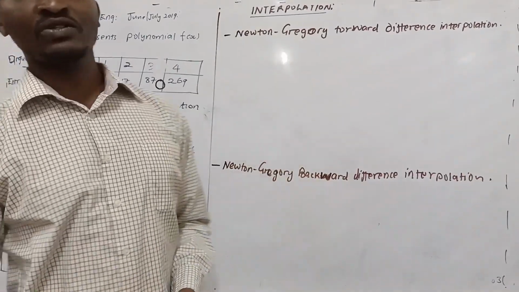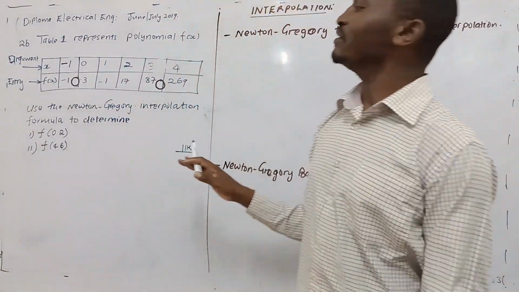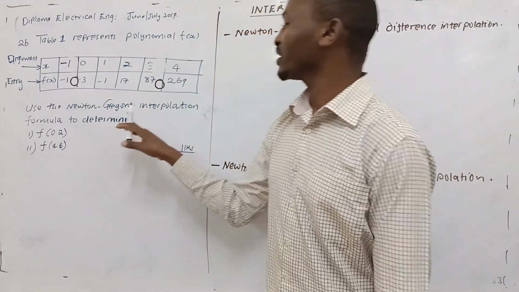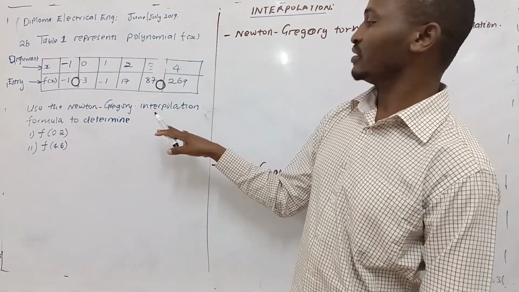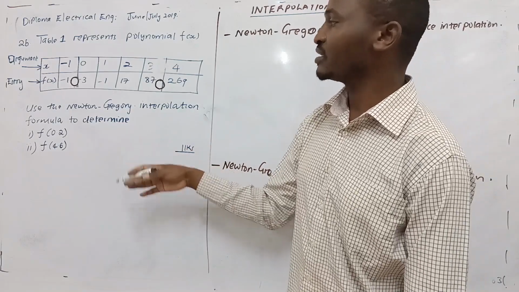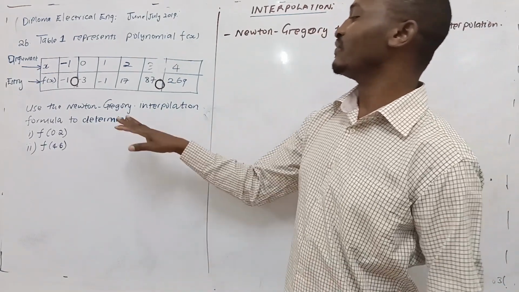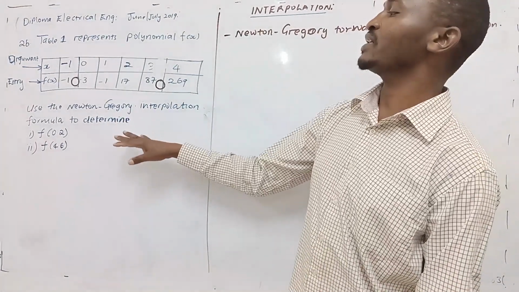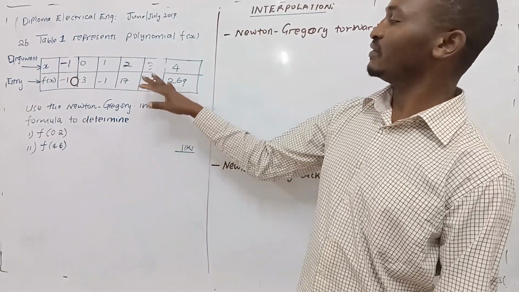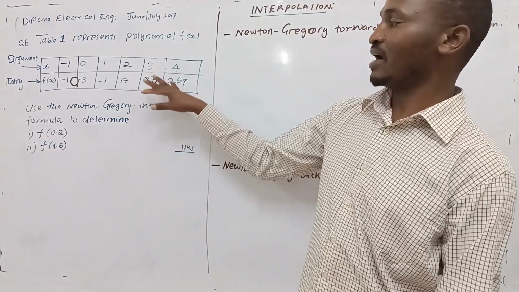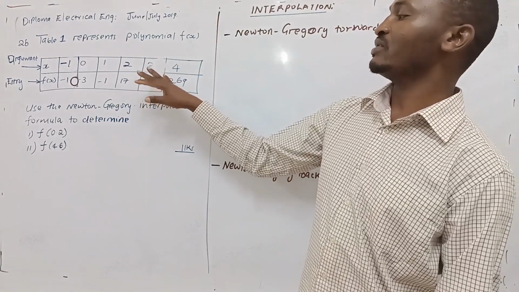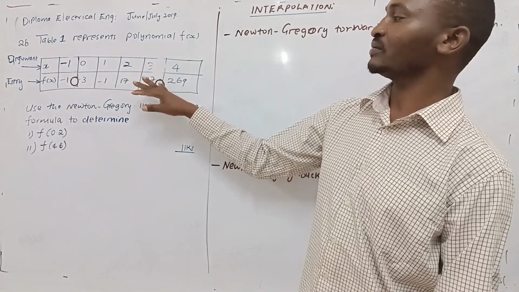But sometimes the question will tell you to use Newton-Gregory forward interpolation. If they insist it is forward, you should use the forward difference interpolation formula, even if whatever you are being asked to get is at the end.